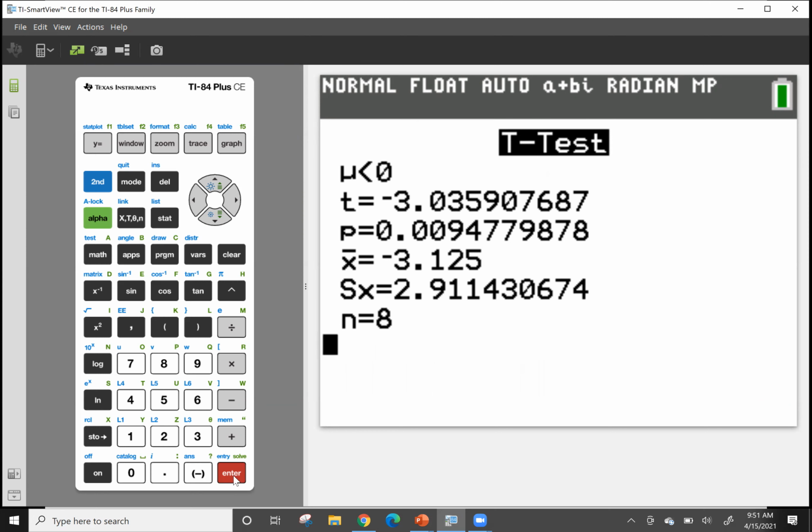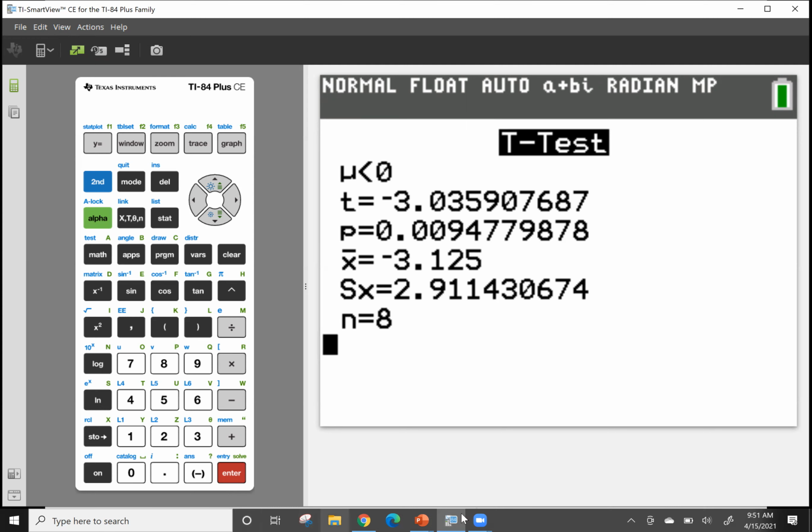Okay, so my t statistic is negative 3.035907687. My p-value is 0.00947798878. The mean of the differences is negative 3.125. So on average, after hypnotism, the pain was reduced because that is a negative value, and the standard deviation is 2.9.